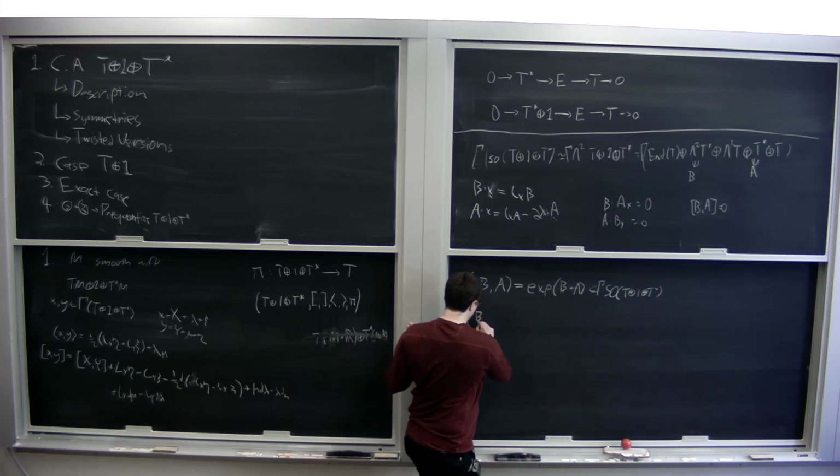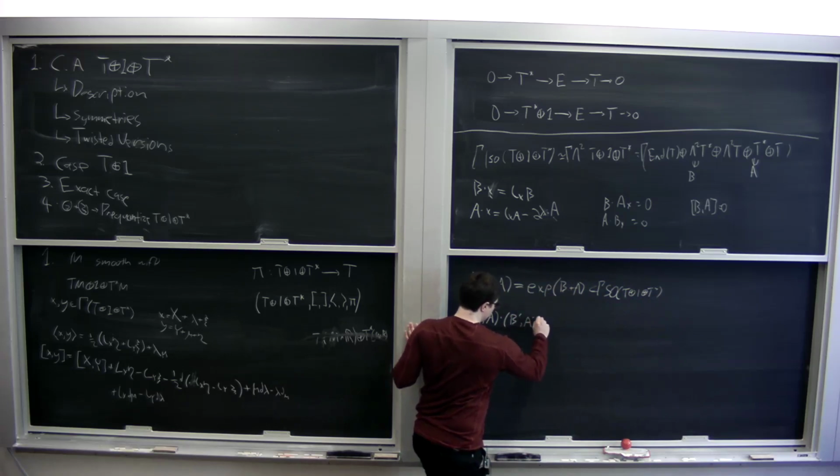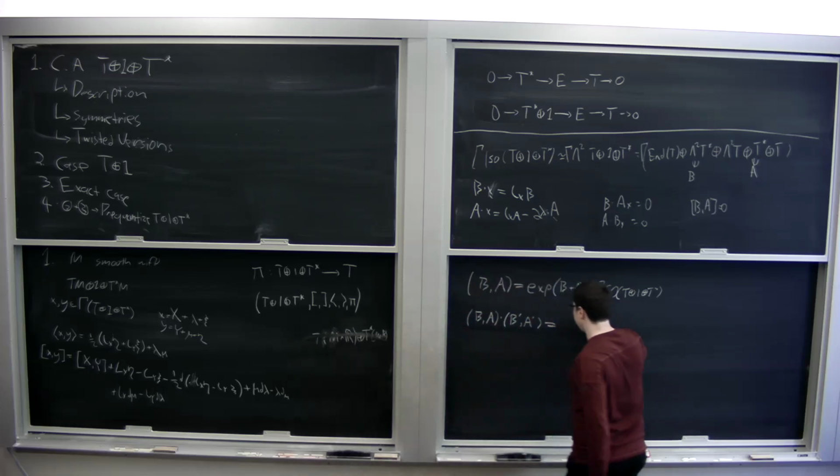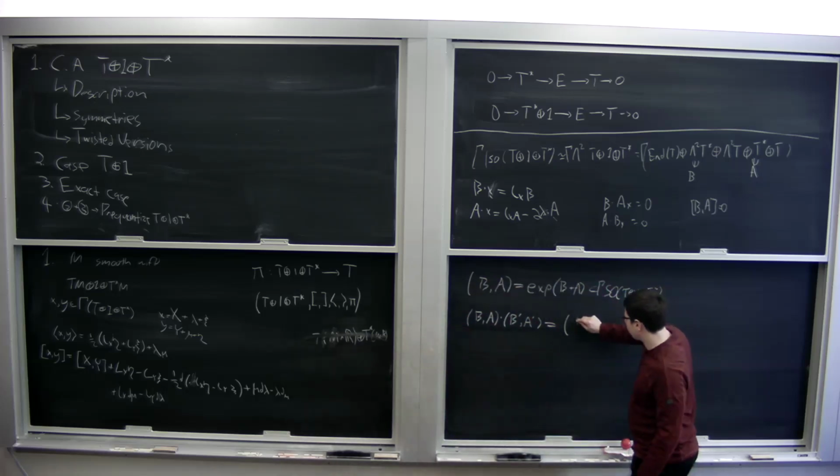It has the composition law that if you have a B and an A, and you try and compose these two things, B prime, A prime, this is equal to, well, you just add the B's together because they commute with each other.